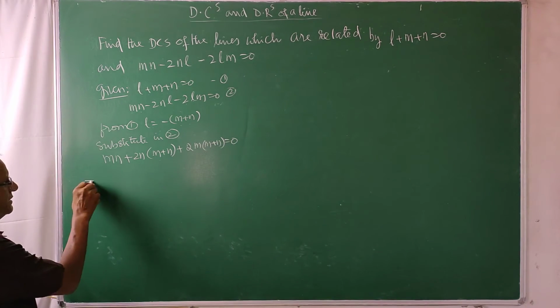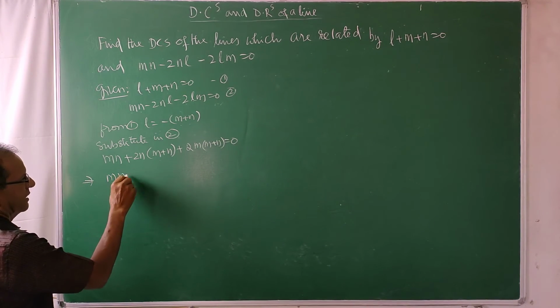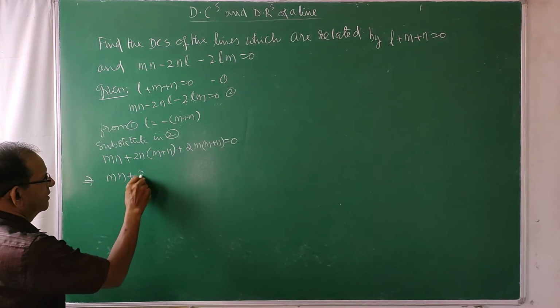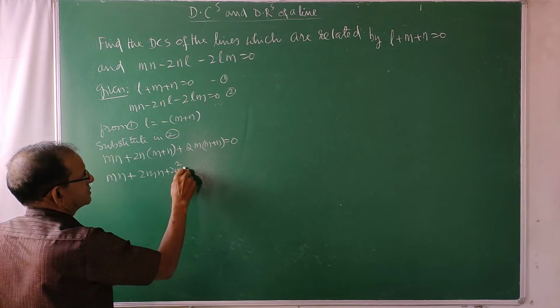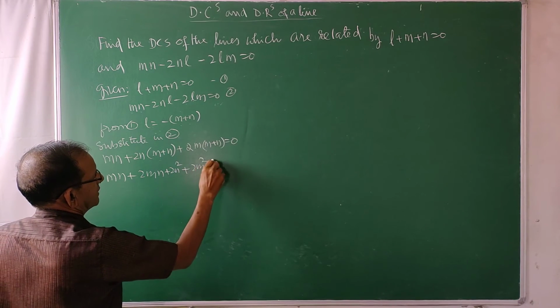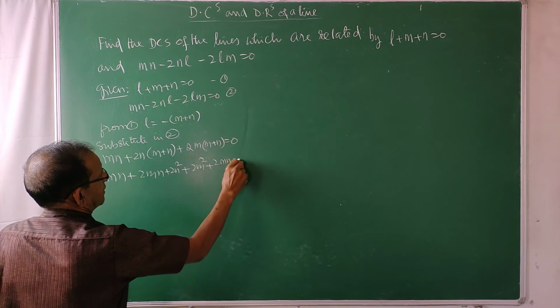If you simplify this one, this is mn plus 2mn plus 2n square plus 2m square plus 2mn equal to 0.